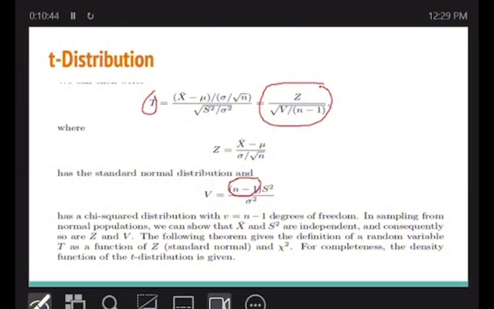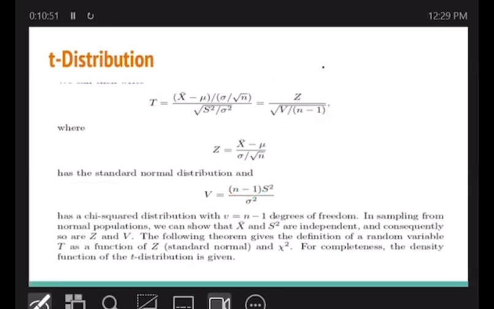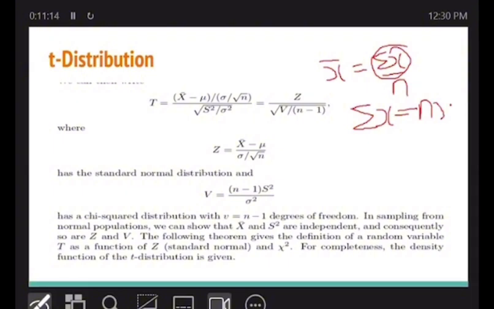Now, when I find the sample mean, the sample mean is actually summation x divided by n. And you know what? What is summation x? Summation x will be equal to n x bar.